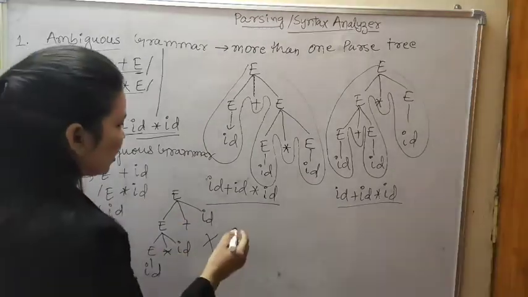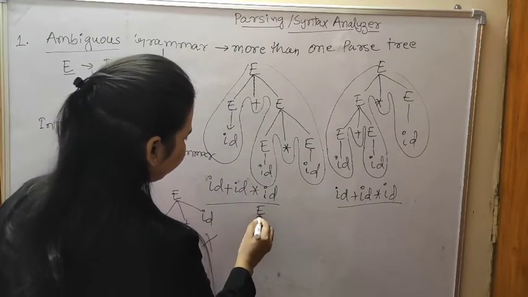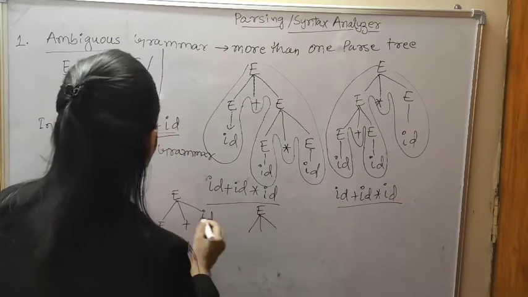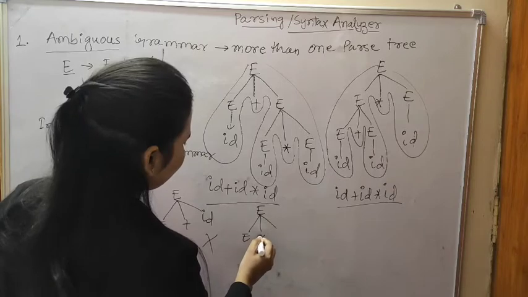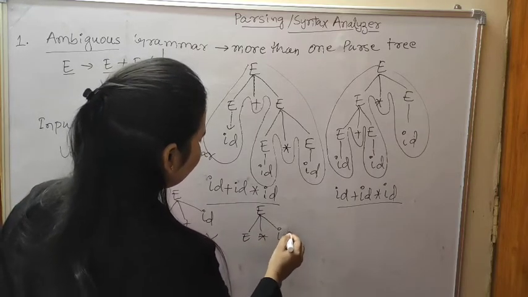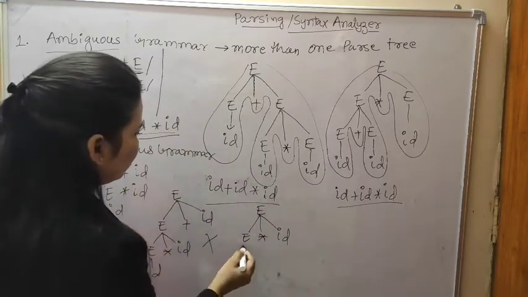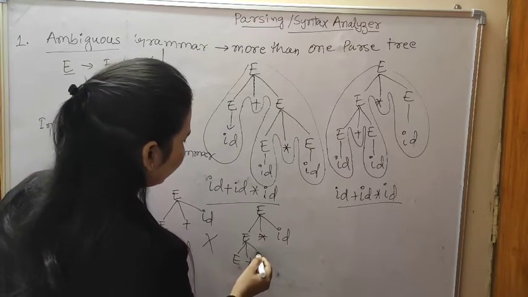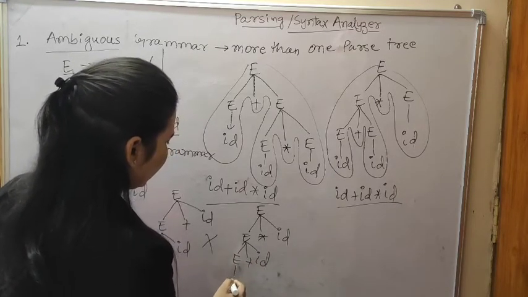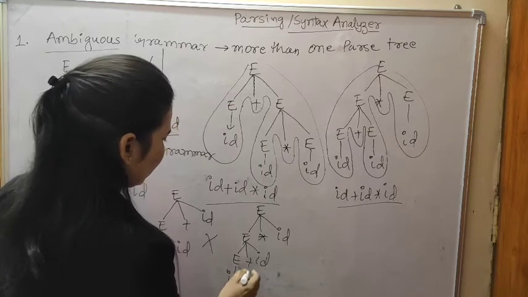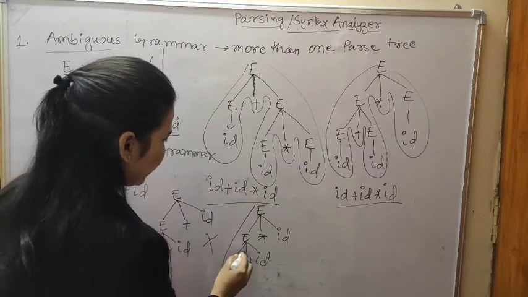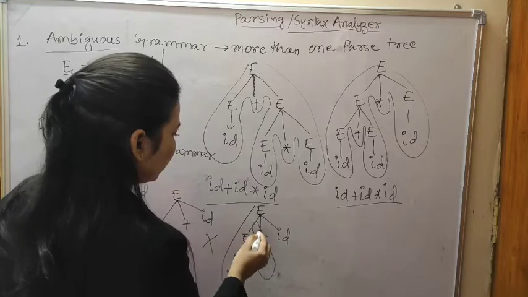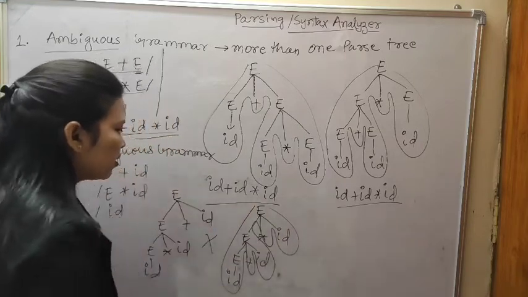So in the next parse tree, E into ID, then E plus ID, and then ID. So now we can say ID plus ID into ID.